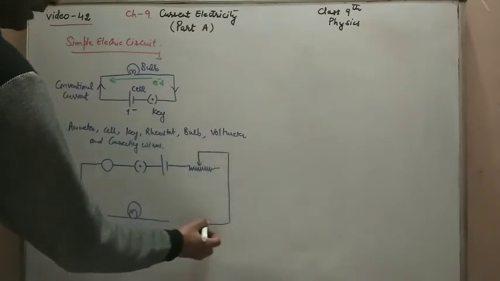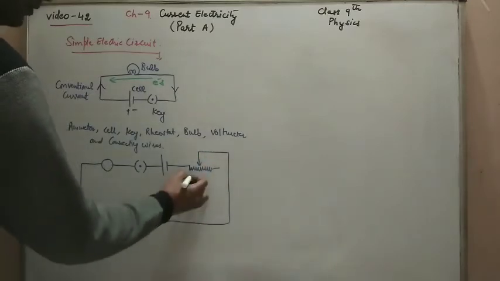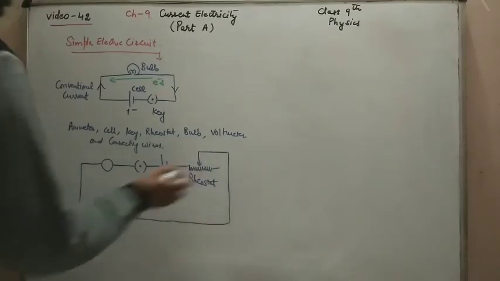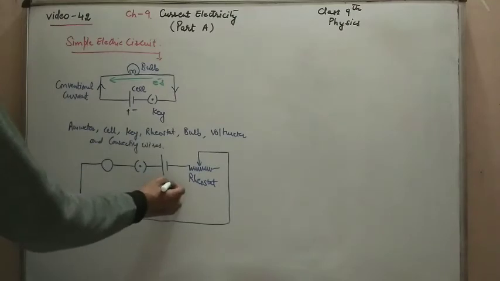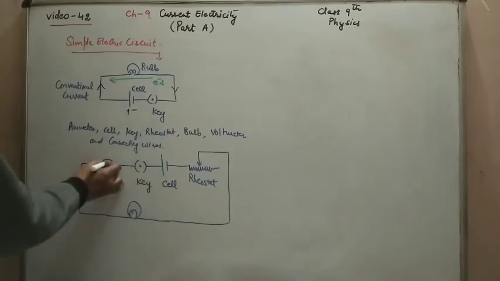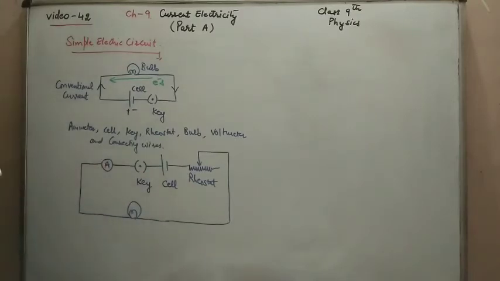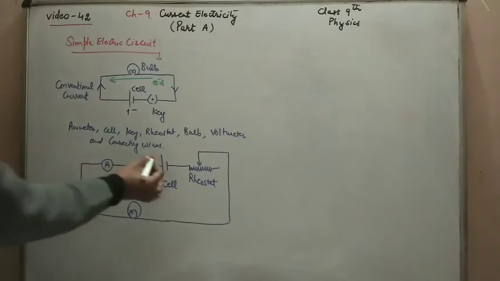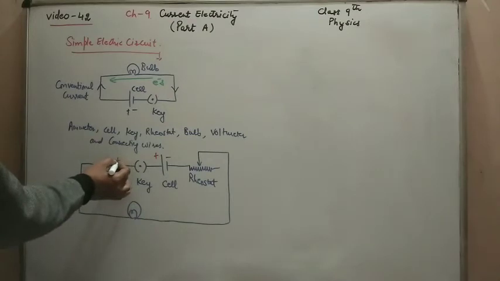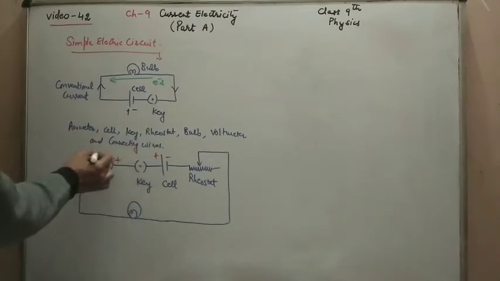Here is the zigzag line which is for rheostat. Here is the cell. Here is the key. Then ammeter. As we are starting from this positive, so whatever terminal will come with the same polarity, positive then negative.